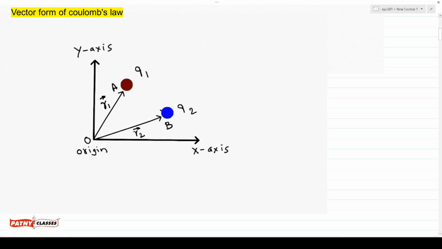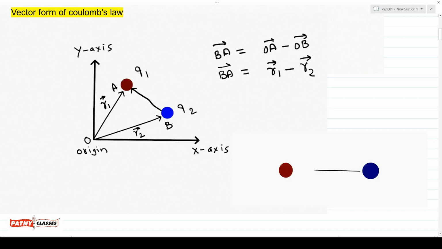Similarly, to find vector BA, vector BA equals vector OA minus vector OB. Vector OA is nothing but vector R1 and vector OB is nothing but vector R2.